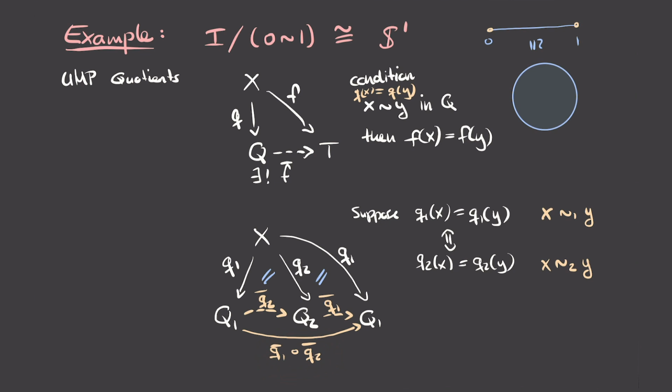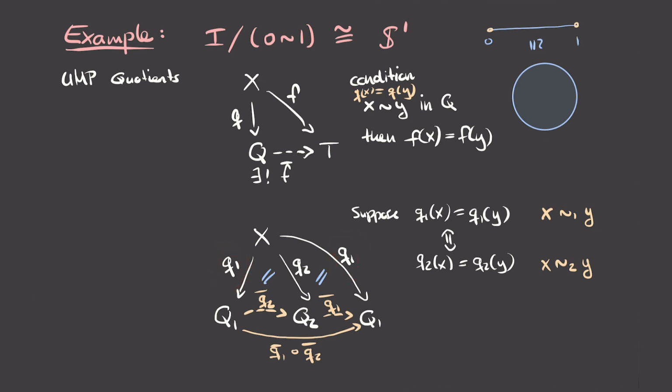The second thing we need to observe is that we can apply this universal property to the maps Q1 and Q1 itself. So we can plug in Q1 for Q and Q1 for F. And trivially, this condition is satisfied because this is just saying that Q1 makes the same identifications as itself.